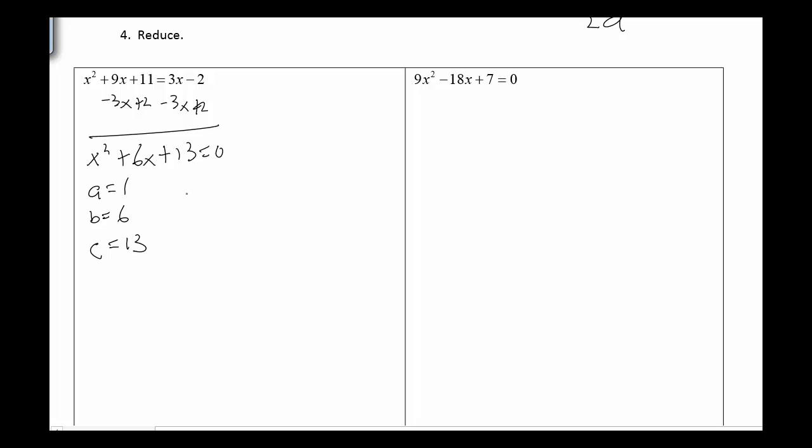So then substituting those values into the quadratic formula, I get negative 6 plus or minus the square root of b squared minus 4ac all over 2a.